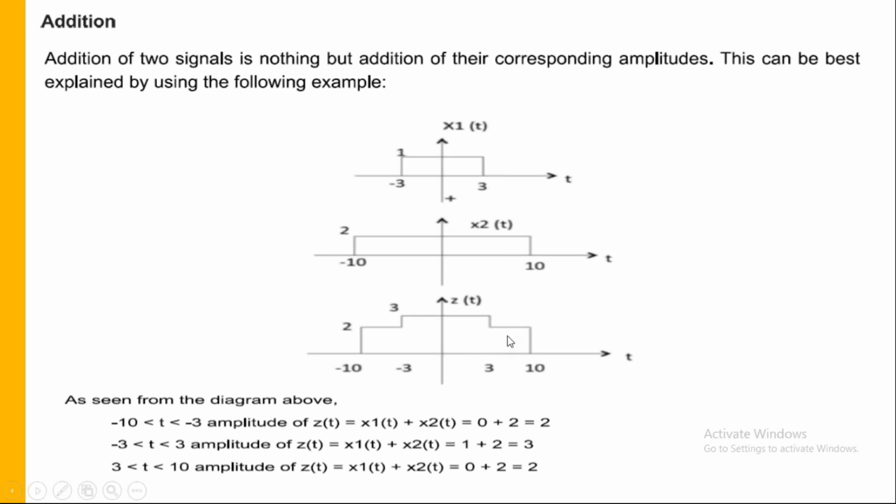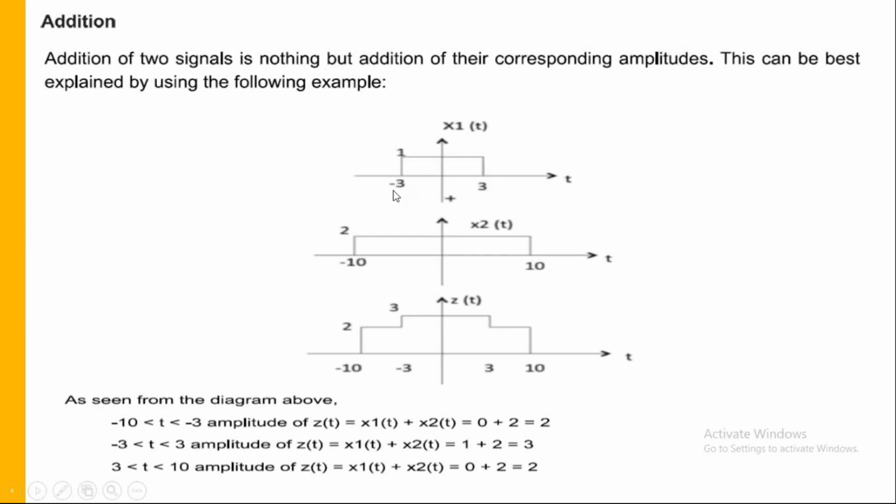Now how am I going to add this? When you observe the signal x1 of t, it exists between -3 to 3 only, whereas x2 of t exists from -10 to 10, which is greater. So when you add, draw a dotted line between -3 and 3.